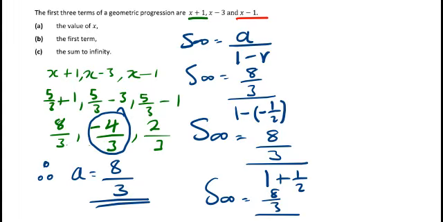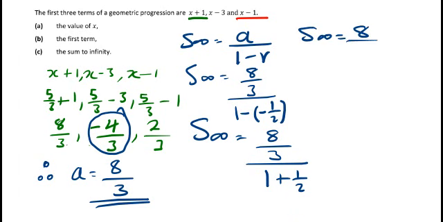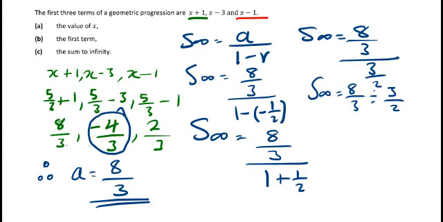Or you can just say S infinity will be equal to 8 over 3 divided by, now this is the same as 3 over 2, because 1 plus 1 over 2 is 3 over 2. So your S infinity will be equal to 8 over 3, you divide this by 3 over 2 like that.